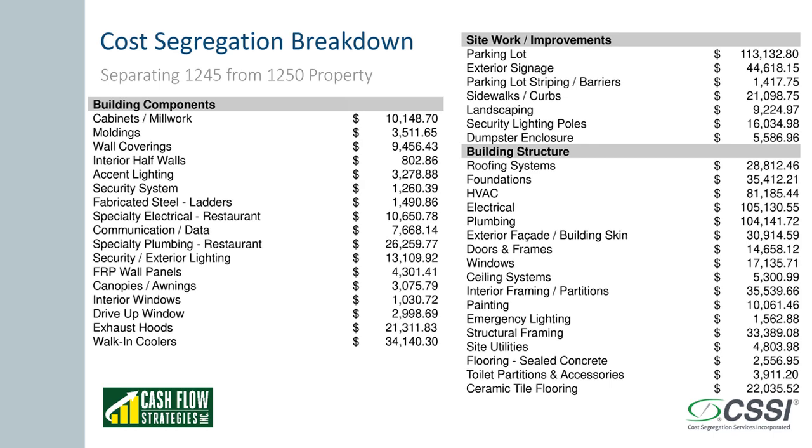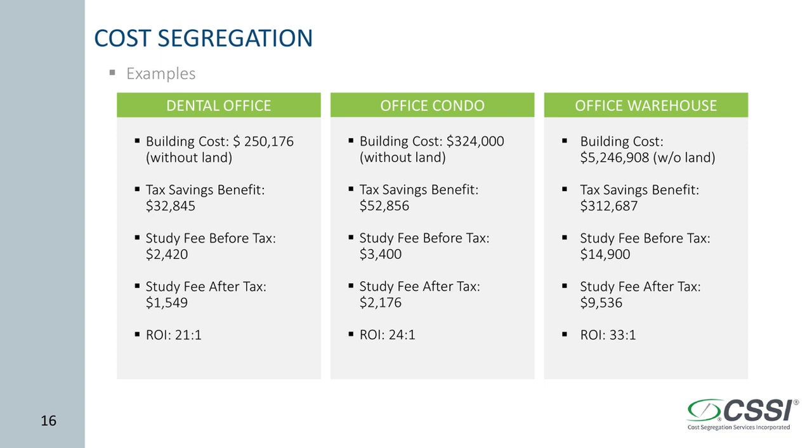They're all enumerated there. It's done by a group of engineers. So give you an example of how it works. Dental office. The building cost without the land cost $250,176. The tax savings benefit from segregating those out and getting the depreciation quicker, $32,845.